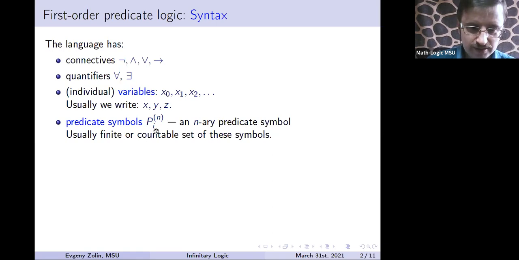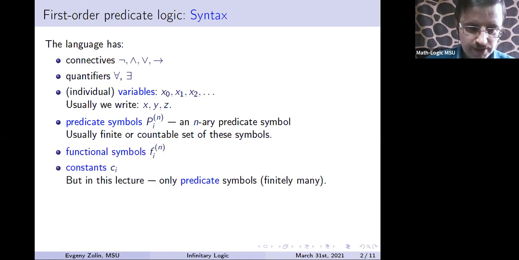And I is an index that ranges over a finite or infinite set. So we will have either finitely many symbols or countably many. And today we will even have only finitely many. Games are applicable to finite vocabularies, to finite sets of symbols.